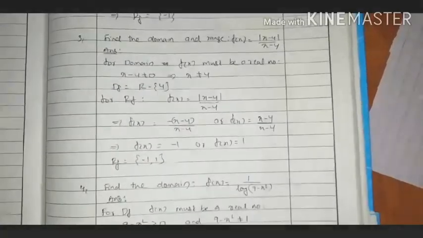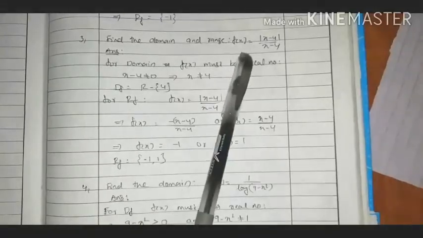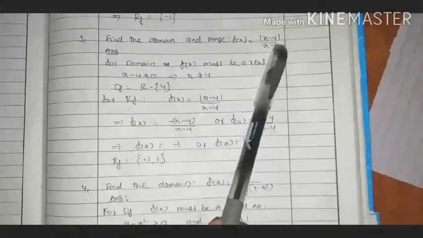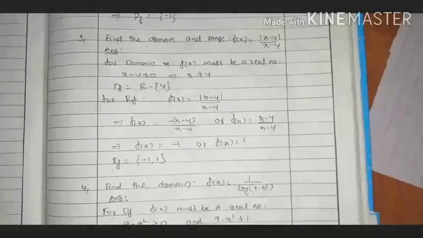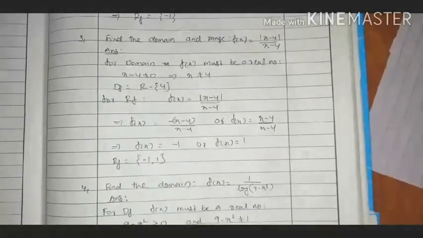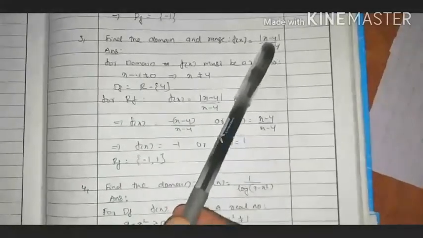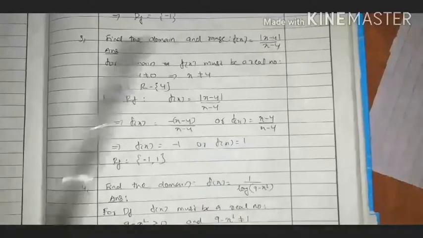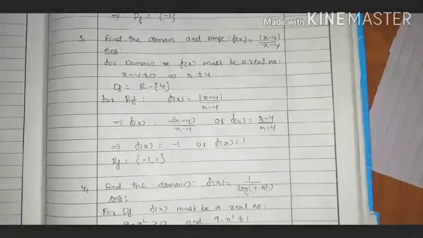And the next question: find the domain and range of f of x equals mod of (x minus 4) divided by (x minus 4). Here also we have to find the domain and range. So when we discuss the modulus function, what is mod x?